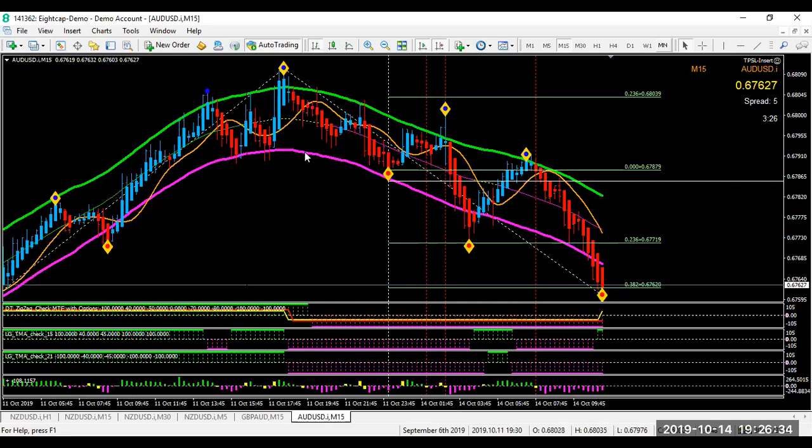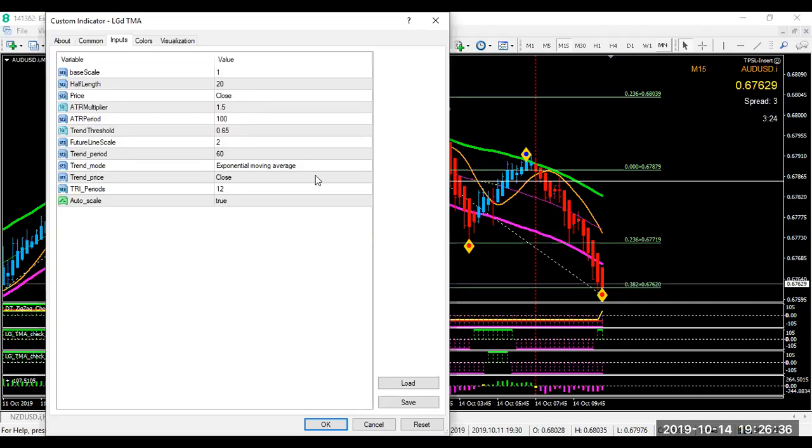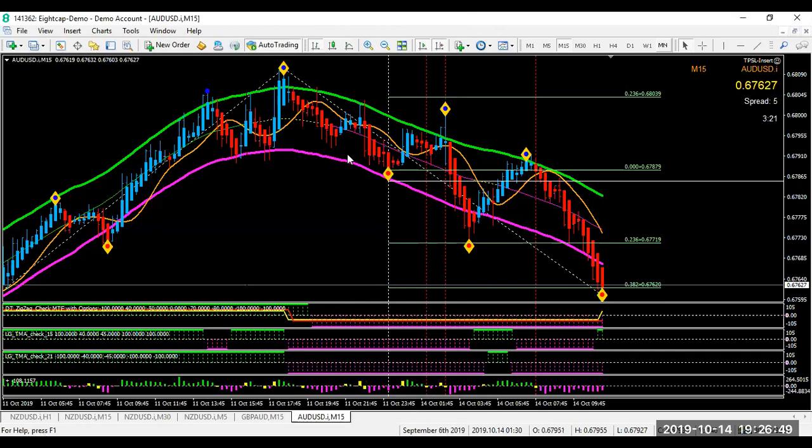Everything else, like the LGD River, I think a couple of weeks ago, said it's going to 1.5.